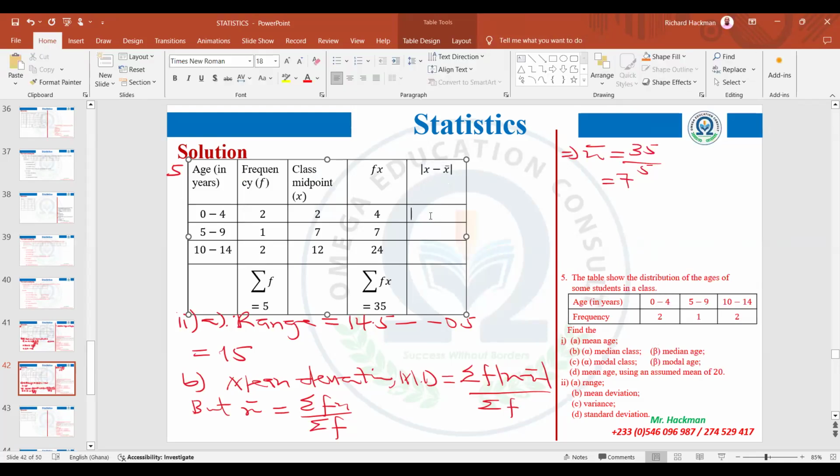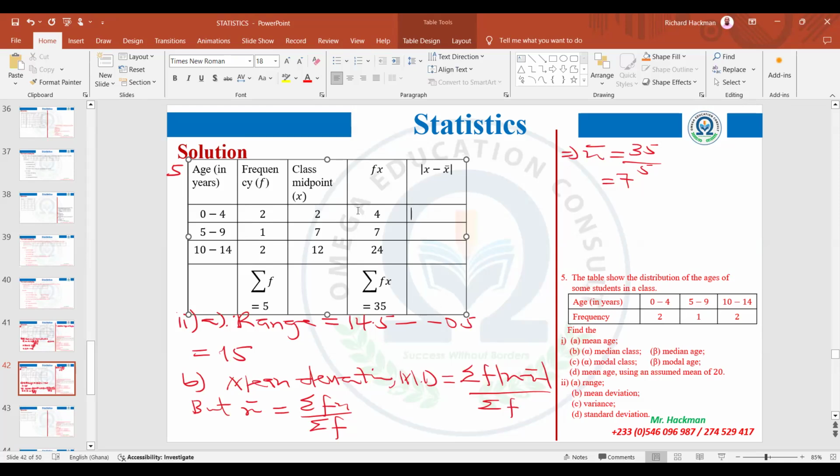You know your X bar is 7, so you subtract 7 from all the X values here, the class midpoints. You find this before you can subtract, because even your X bar will involve X.